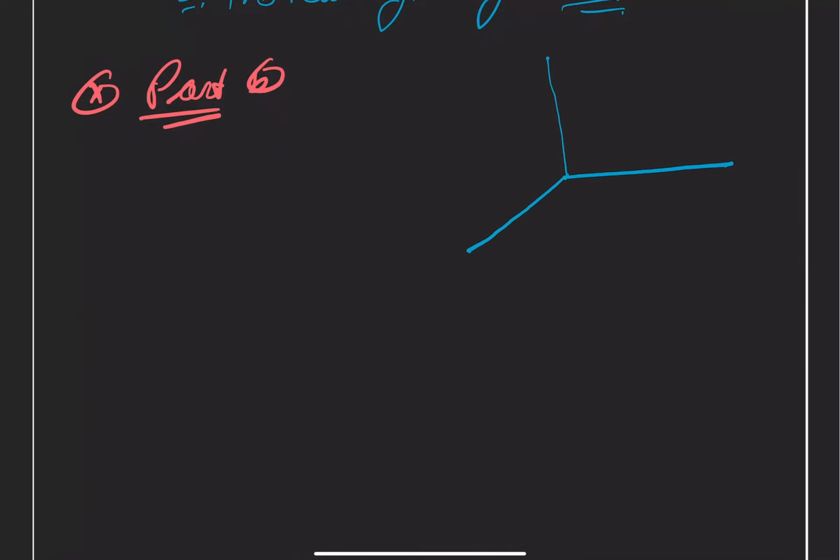So the loop is something like this. So this is P, Q and R, S. So the direction of the current is our correct one, so it goes in this direction. And we have to find out the force on the arm RS.